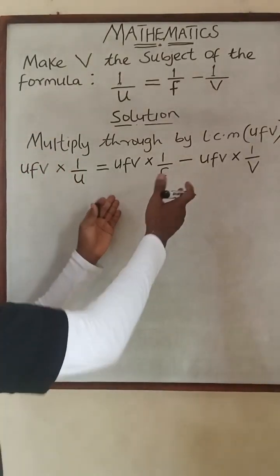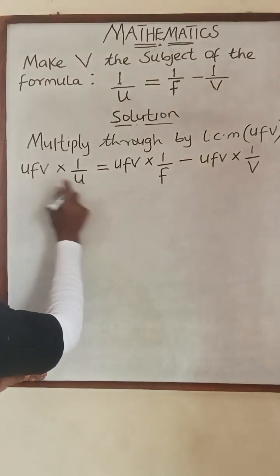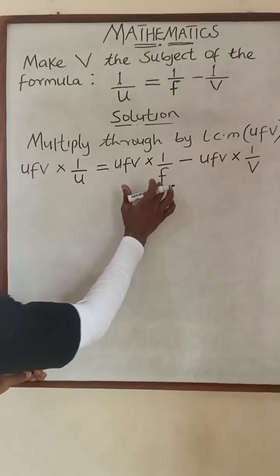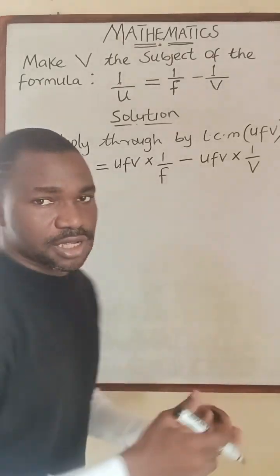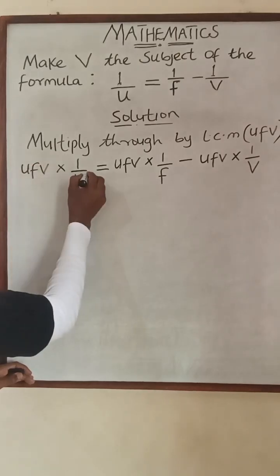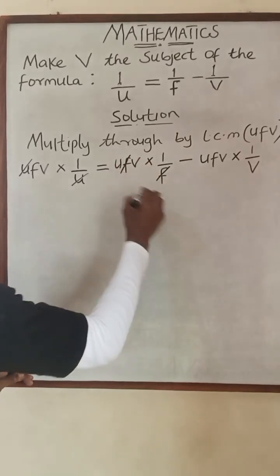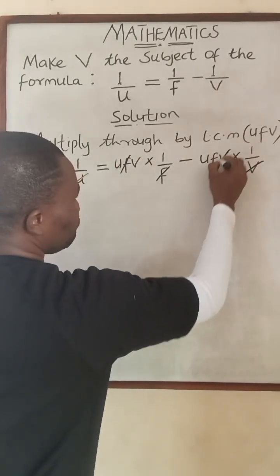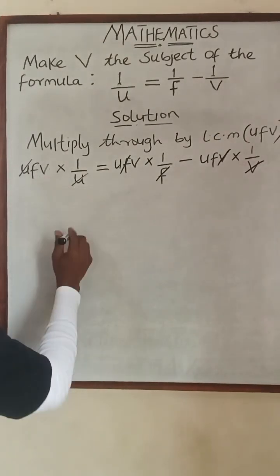Now we can continue from here. So what do we do from here? Now this is U, we have U over here. This is F, we have F over here. Then V, we have V over here. All these can cancel out each other. So V cancels out V, U cancels out U, F cancels out F. Now what we are left with is FV.